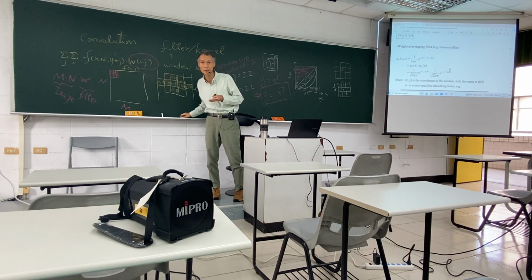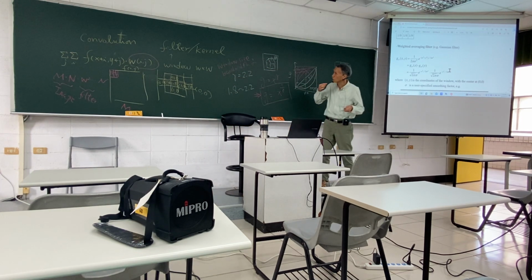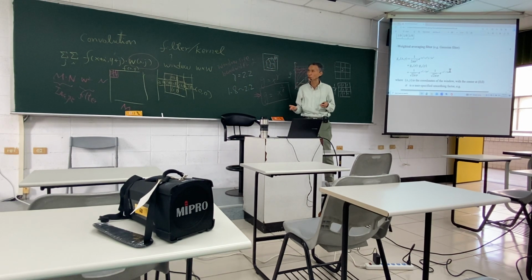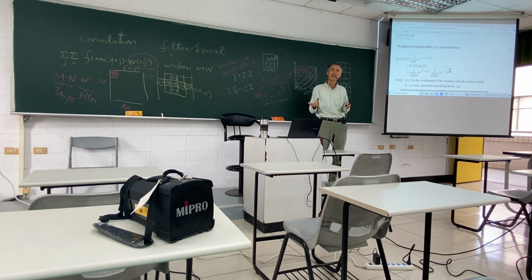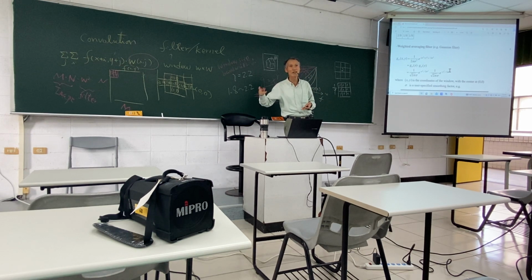It's not defined by the user, but the user needs to define the size of the window. That's it. Most of the cases we simply use a 3 by 3, and you can use 3 by 3 twice. You can smooth the original image to get a smooth image, then apply exactly the same filter one more time.